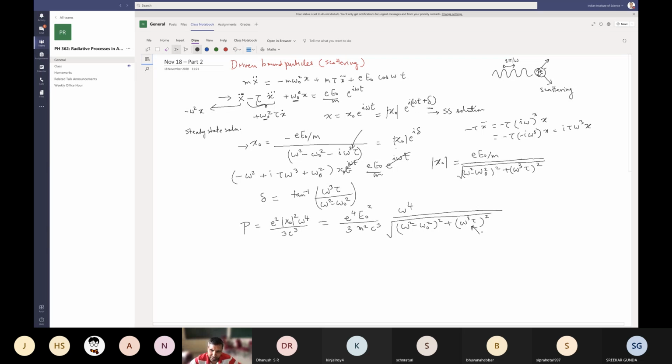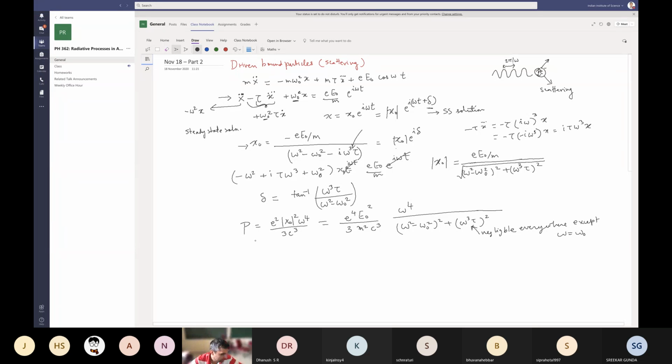This term is negligible everywhere except omega equals omega naught. This tau term, when omega equals omega naught, this becomes 0, so we have to have this term. So this omega cube might as well be replaced by omega naught cube. Oh, sorry, this square root will not be there because I have to take the square.